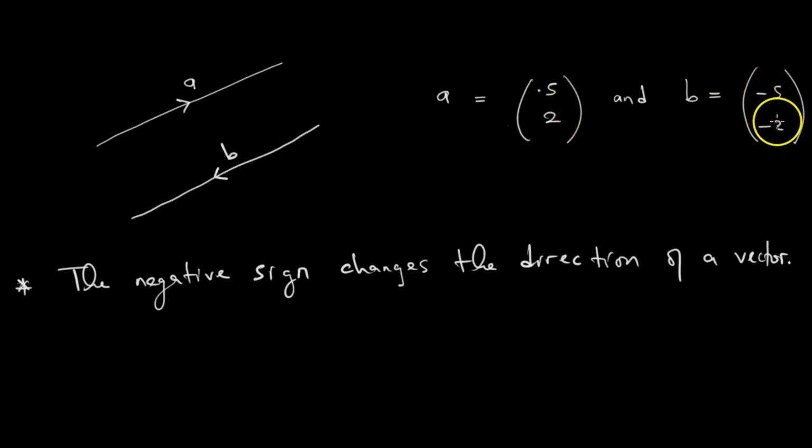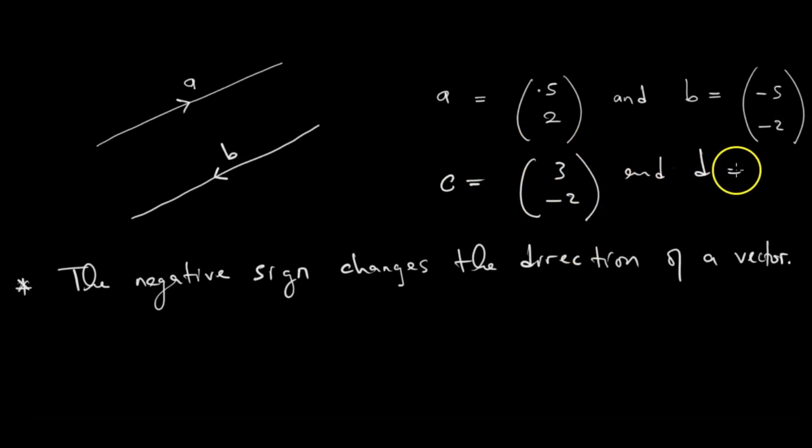This is a positive, here it's a negative. We might have had a situation like, let us say C is equal to 3, minus 2. If we want to reverse this C, and call it maybe D, D will be equal to: here there was plus 3 so it becomes minus 3, here there was minus 2 so it becomes 2, like that. So that is what happens here: negating, changing of sign. So that is very important.